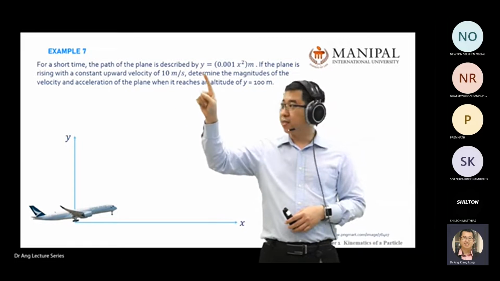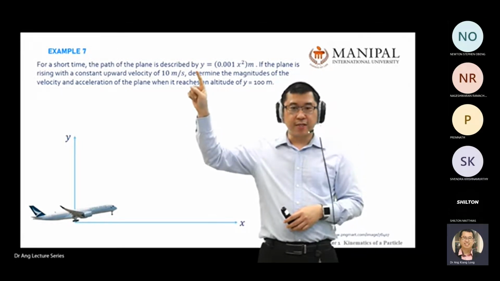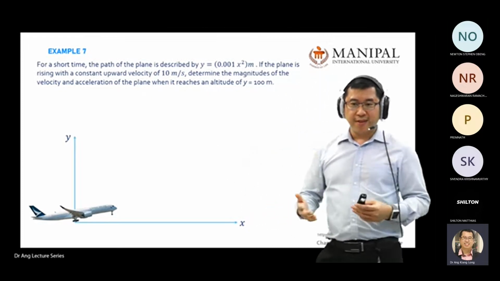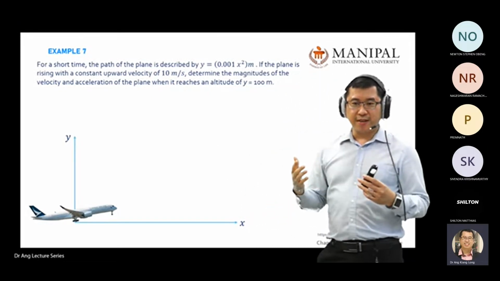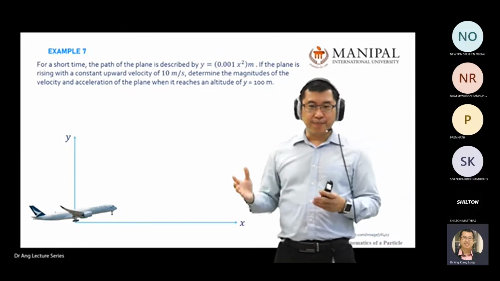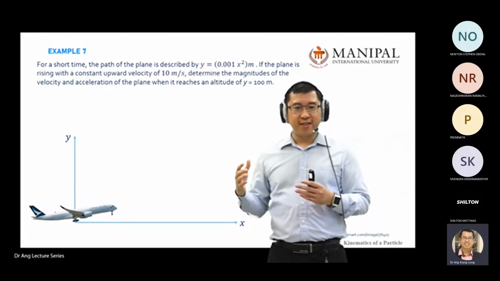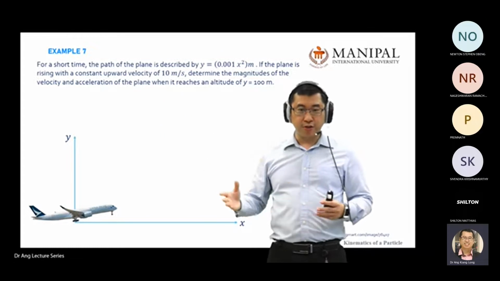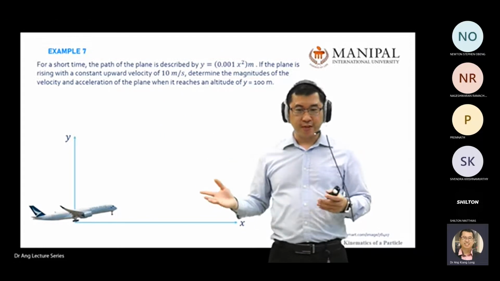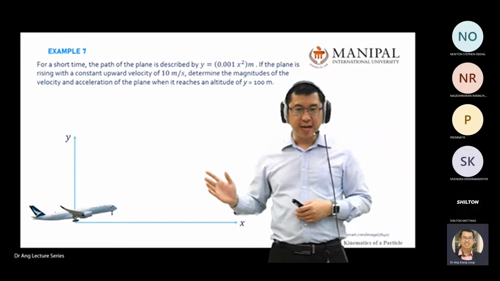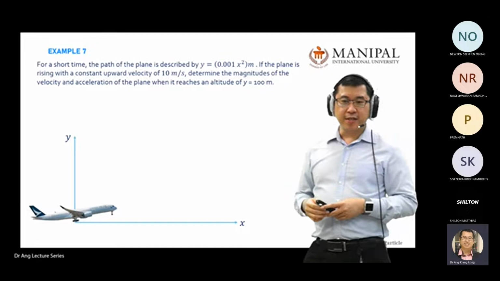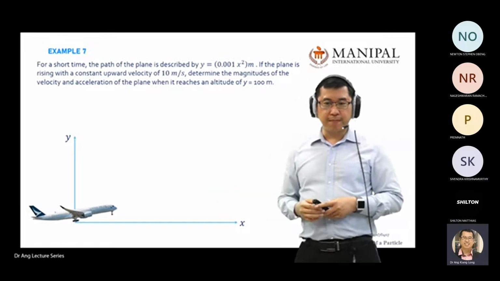Now, how do I transform this information, y equal to 0.001 x square meter, into this graph? It tells you that this equation is a path. Since chapter 2 and chapter 3, when I showed you the path, I used a blue line, right? So you can use the same line in your answer, or just replace it with a line.